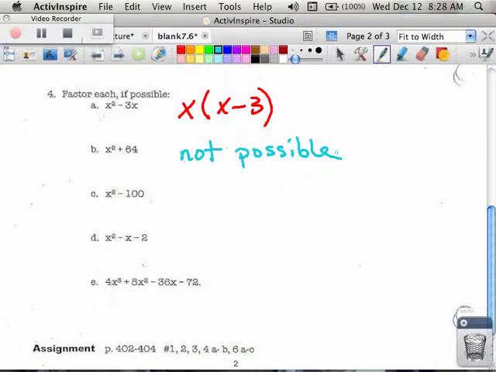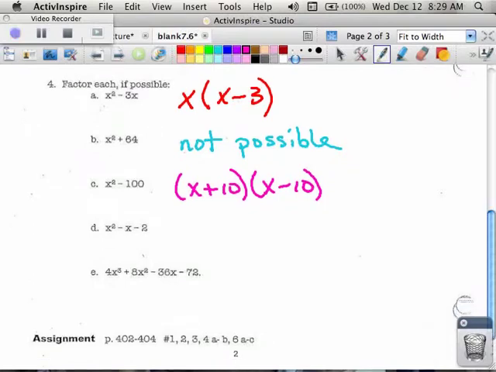For example, in letter C, I notice that there are 2 terms, no common factors, but there's a perfect square with a minus in between. That means I have the difference of 2 squares, which means I'll have x plus 10, x minus 10. So whenever you see 2 perfect squares with a minus in between, it's always x in the front, the square root of the number in the back, and a plus and a minus.